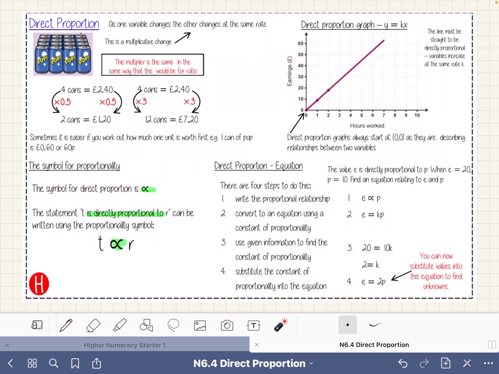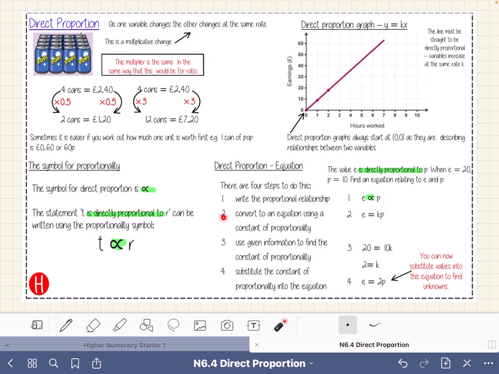So in step 1 over here, we can see that the value E is directly proportional to P. We represent that in step 1 using the symbol rather than the sentence. So E is first, is directly proportional to, represented as a symbol, with P coming next.